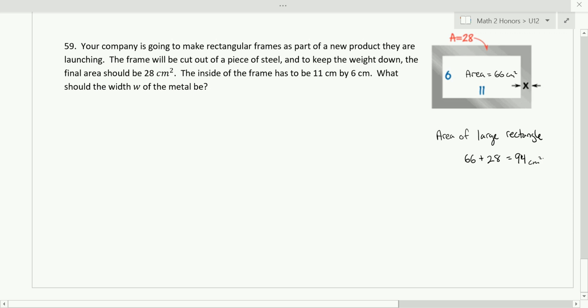Still, we need to solve for x. Anybody else have an idea of where to go, to how to approach finding x? Yeah.